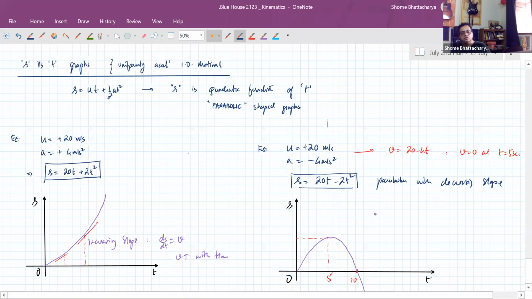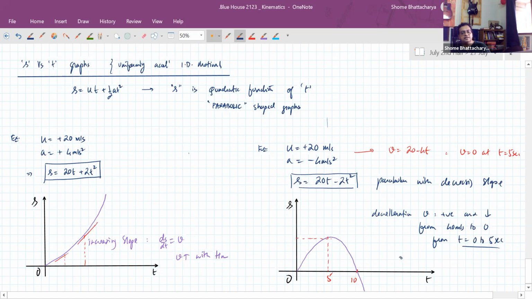So in this case, there is deceleration. That is, V is positive and decreasing from 20 meters per second to 0 from T equal to 0 to 5 seconds.